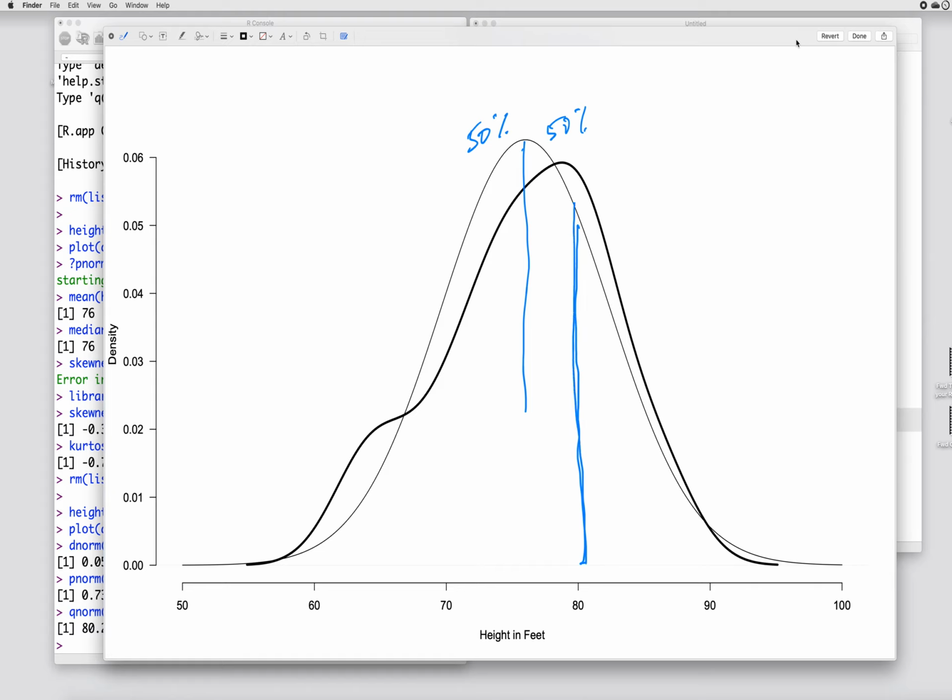So in essence, you can think of this as though the computer is starting on the left side, starting here and moving this way until all of this area equals the amount that you have specified in your question. And in ours, it was 75%.